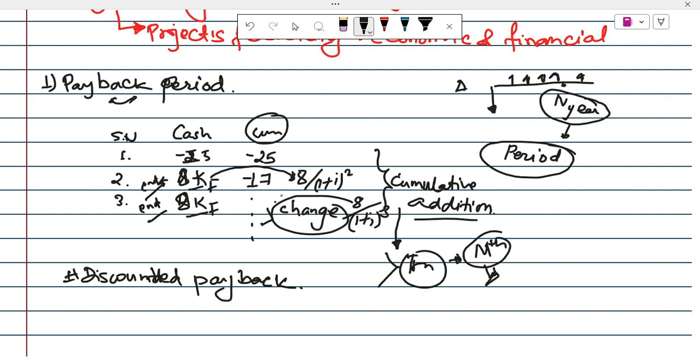In any cash flow, the discounted payback period is always greater than our simple payback period. This is how a project is evaluated about which year the project recovers the investment and starts giving benefit to its stakeholders.